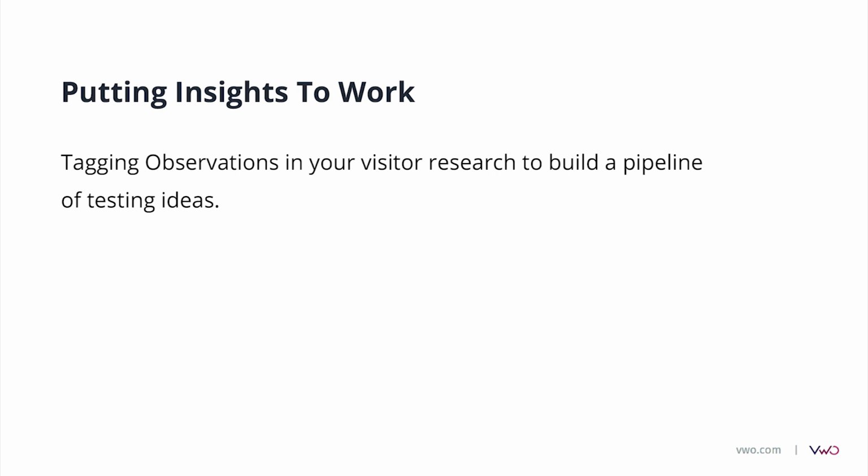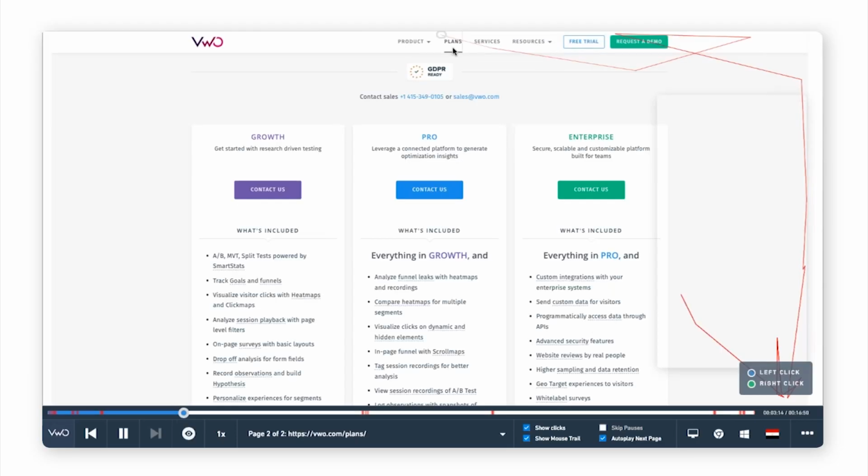As you saw, someone was trying to get into plans, and they clicked on it again to deep dive and figure out if they had mobile A/B testing or not. So if that is the insight, all I have to do is click on this sign, which is a sign for creating observations.